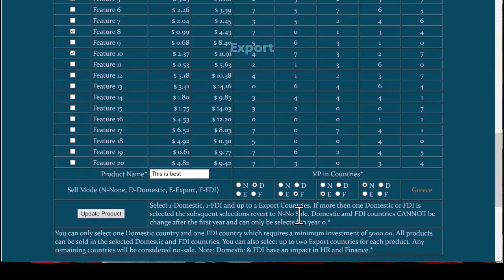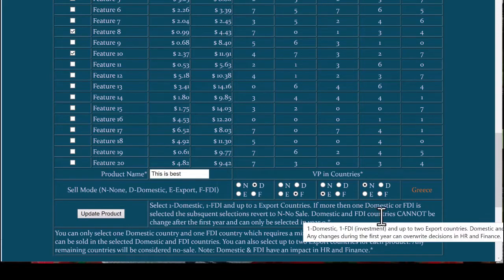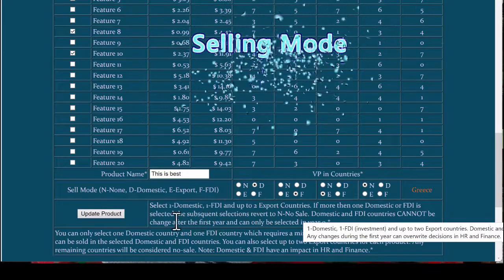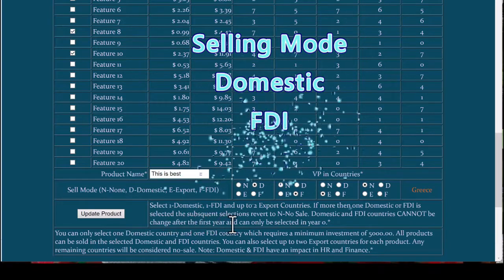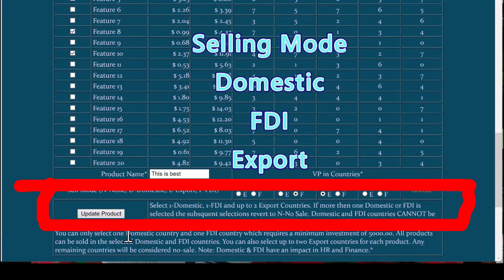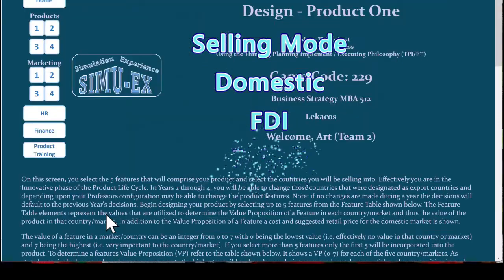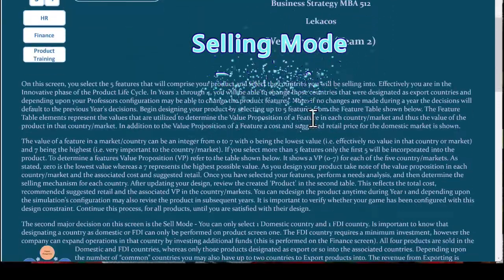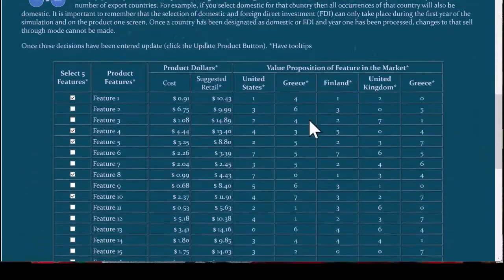Product screens 2, 3, and 4 are only enabled to determine export markets. So it is a team's decision which countries will be domestic and which will be FDI. You can only have one country being domestic and one country being FDI.